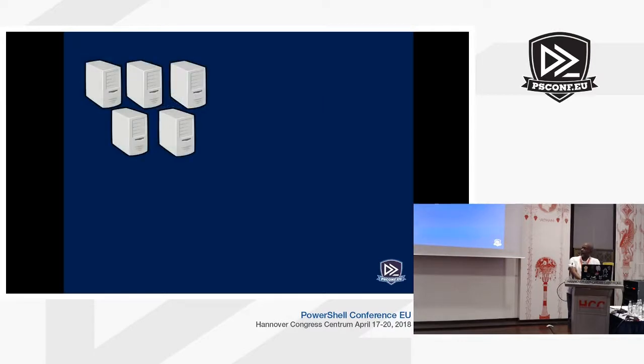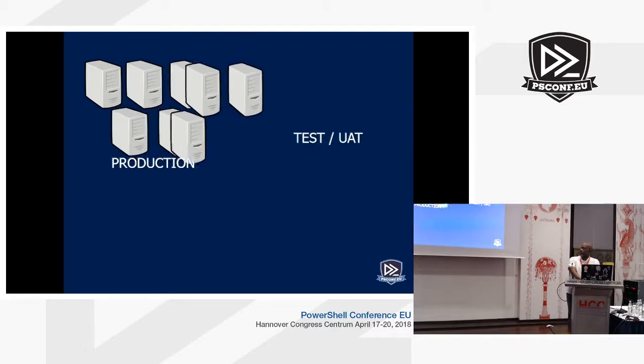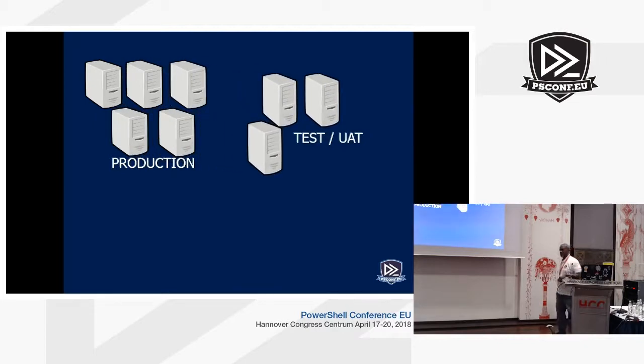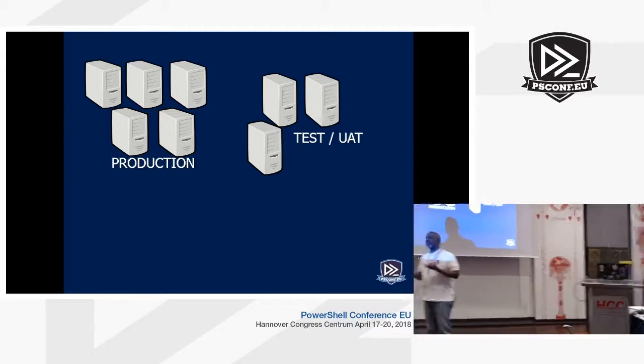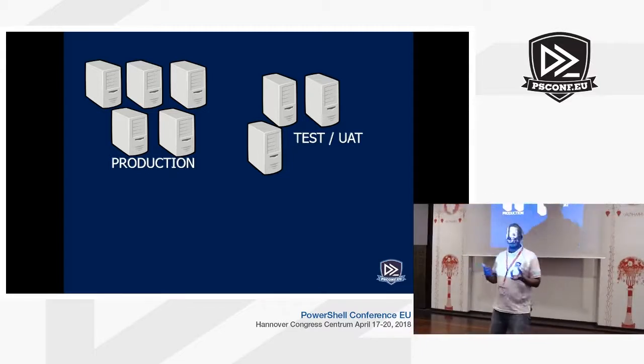Okay, so here's my production environment, right? Let's just say I got 3 web front ends and I got 2 application servers, and I want to create a dev environment or a test environment. Okay, cool. So I'm going to suck out the configuration from a couple. If I've got a web farm, I'm going to suck out a couple configurations from my web machines because they're probably not the same. Because in MinRole, at least in SharePoint 2016, some of those may be caching servers and some of them may not be.